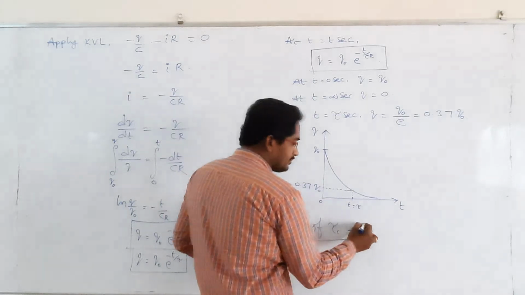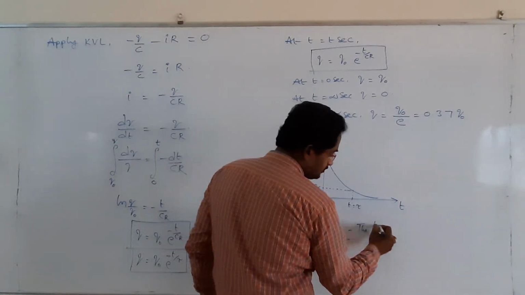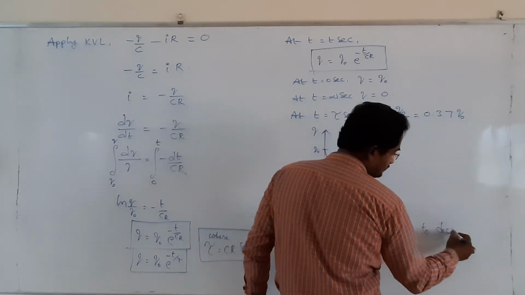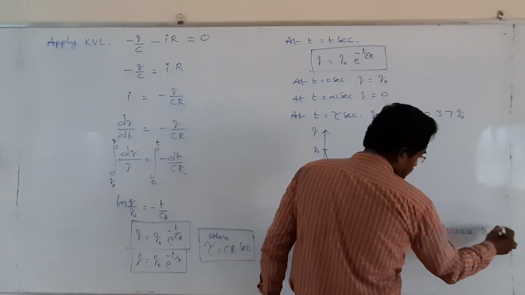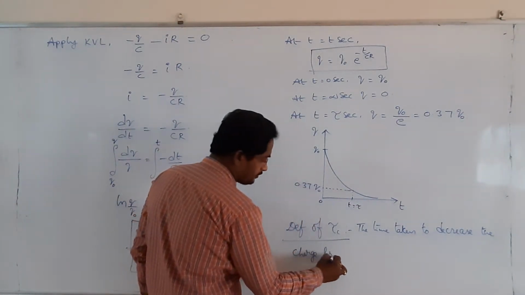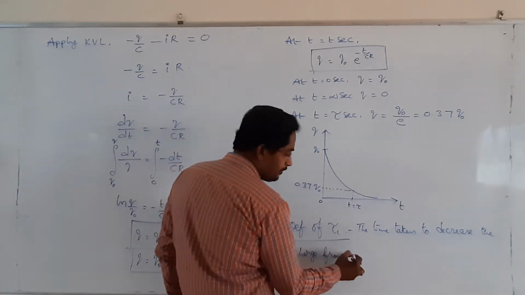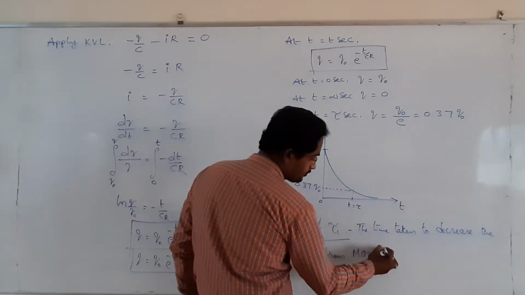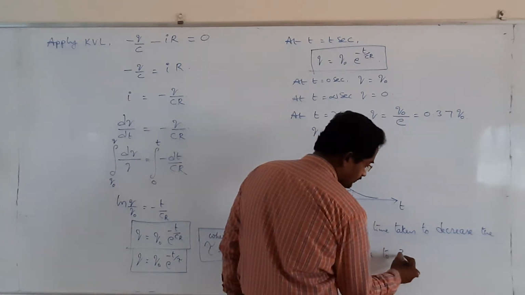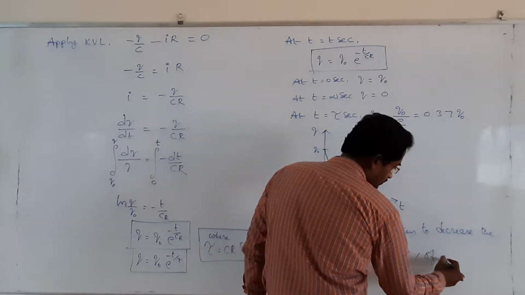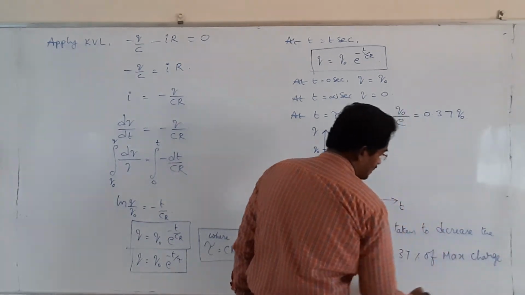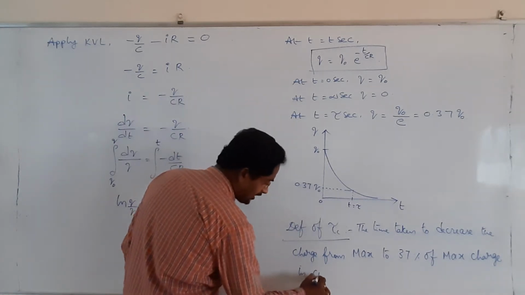It is the time taken to decrease the charge from maximum to 37% of maximum charge in CR circuits.